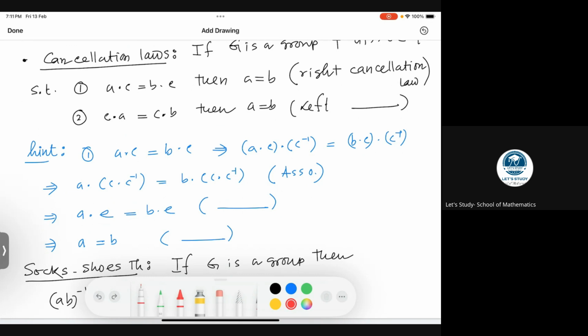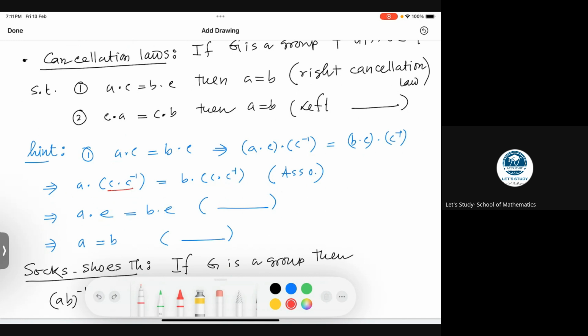The proof is very easy. If AC is equal to BC, you can operate C inverse on both sides, right? Then apply the associative property. After applying the associative property, C into C inverse means identity. Again, C into C inverse means identity.